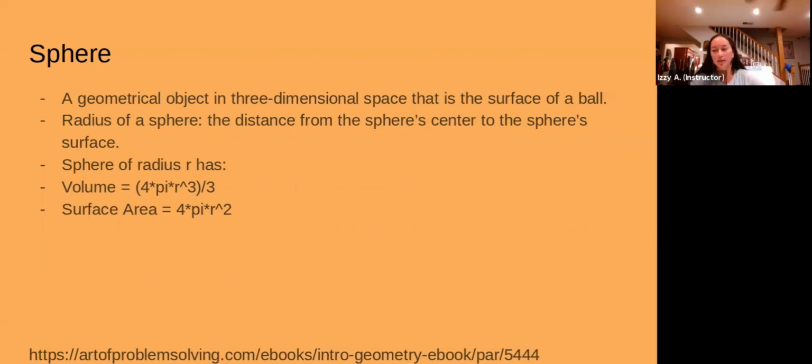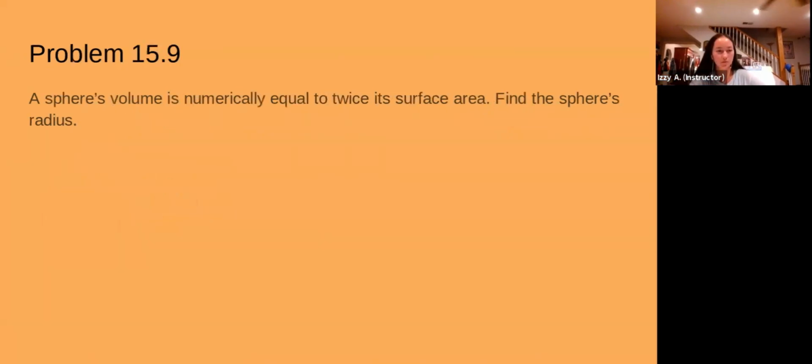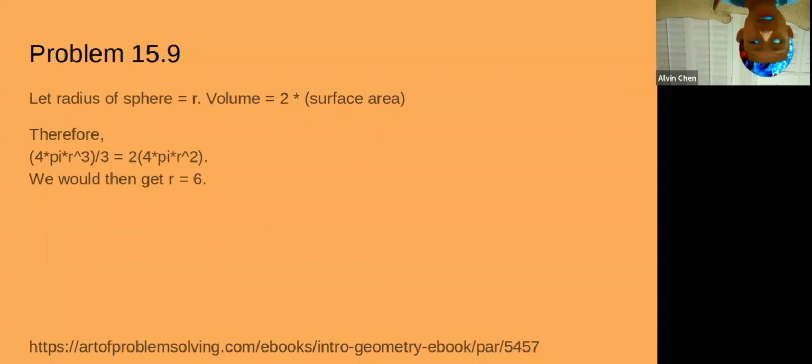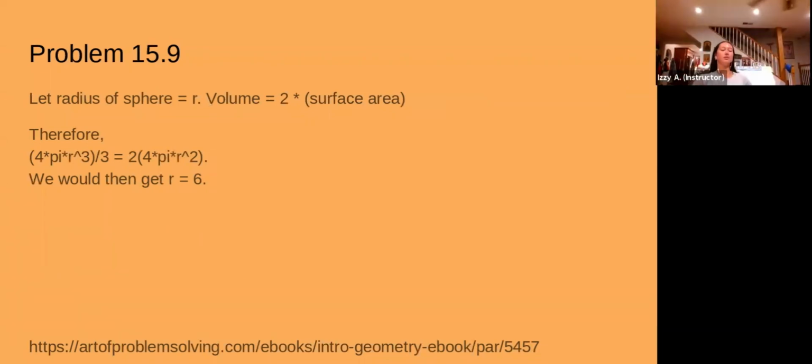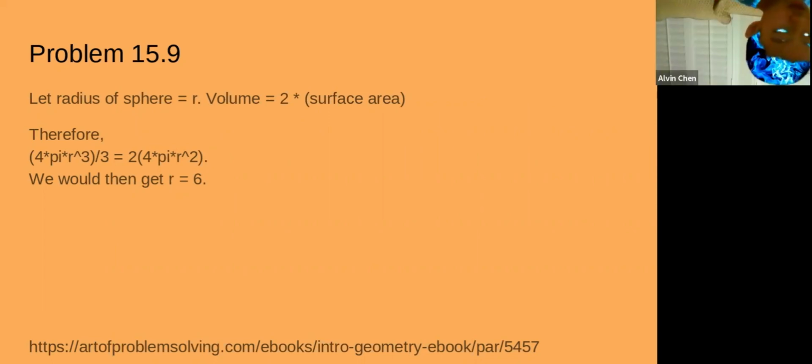Okay, I'll go ahead and go over the answers. Can I give my explanation? Yes, go ahead. So I got radius r equals 6. The surface area of a sphere is 4 pi r squared, and the volume of a sphere is 4 pi r cubed over 3.